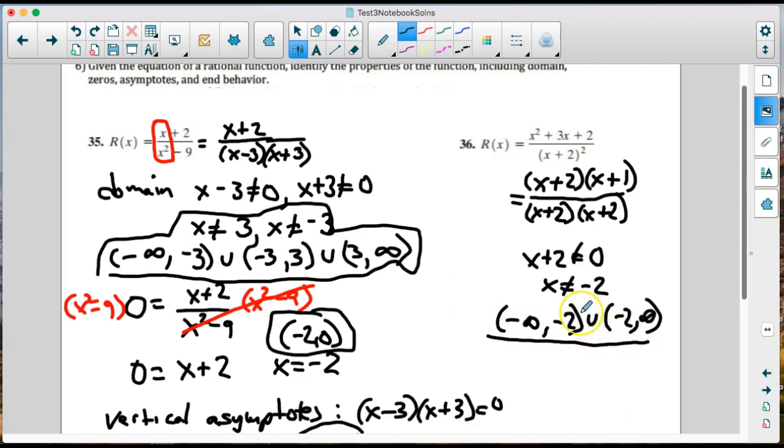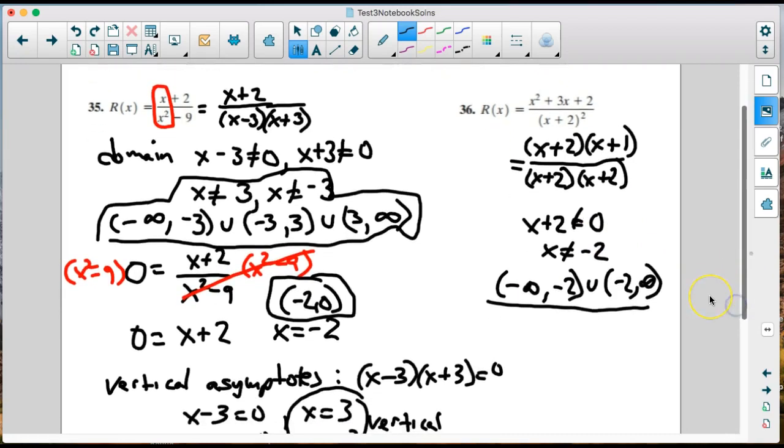A zero would be when the top part is 0. So that would be when x plus 2 equals 0 and x plus 1 equals 0. That would be your zeros. The first one gives you x equals negative 2, but that's not in the domain.